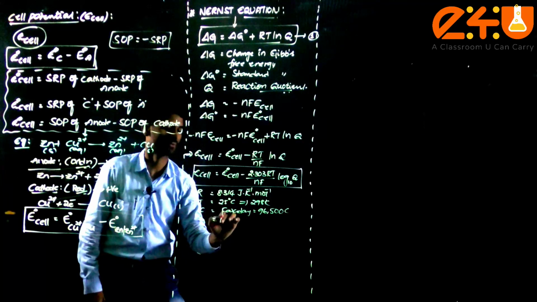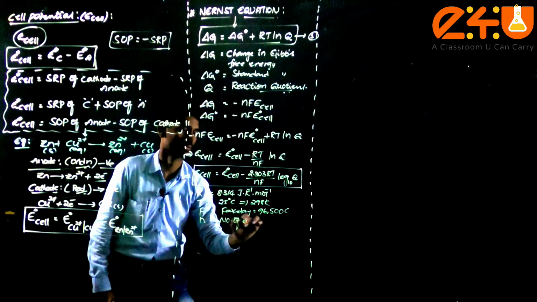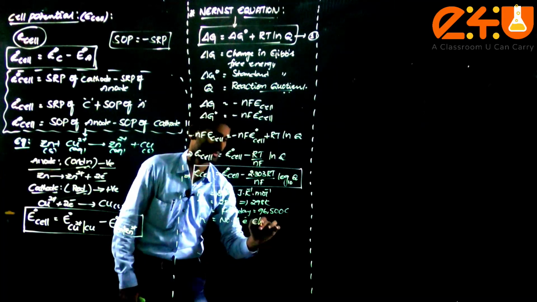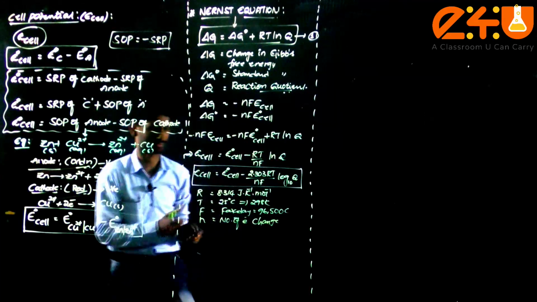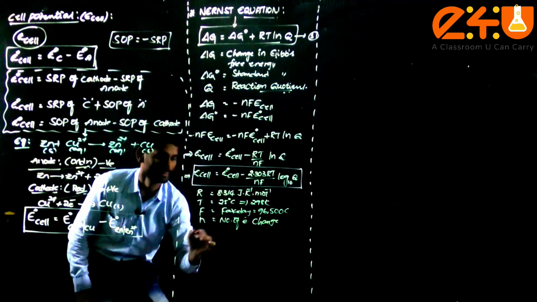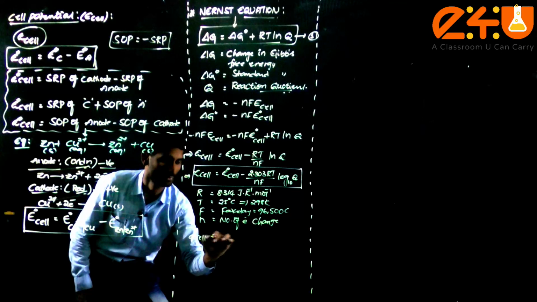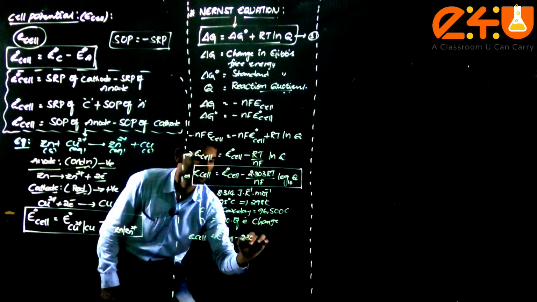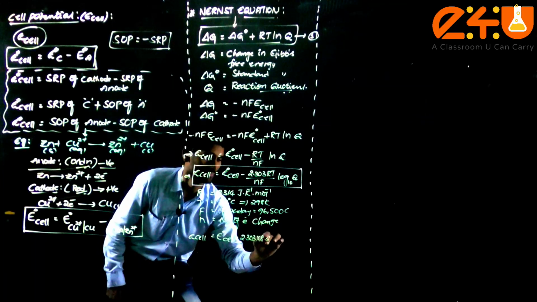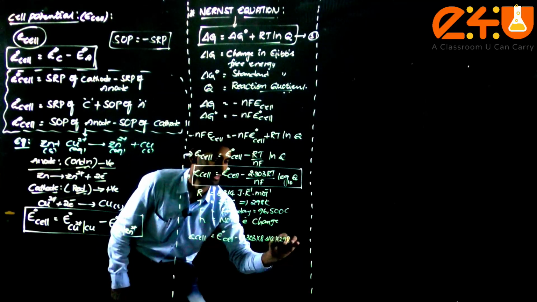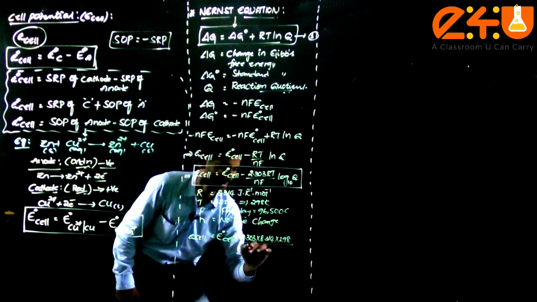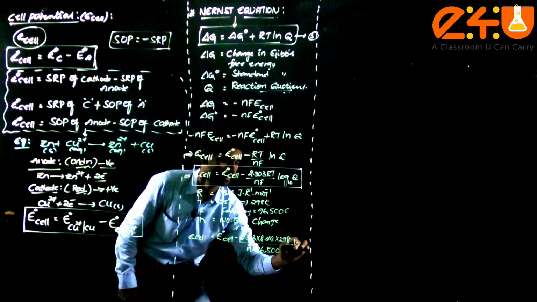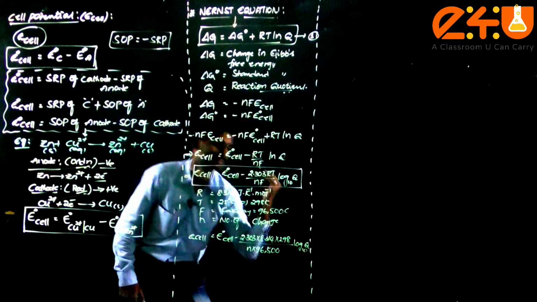N stands for the number of electrons exchanged. Q is the reaction quotient. Then E cell is equal to E naught cell minus 2.303 into 8.314 into 298 divided by N into 96,500, then log of Q to the base 10.